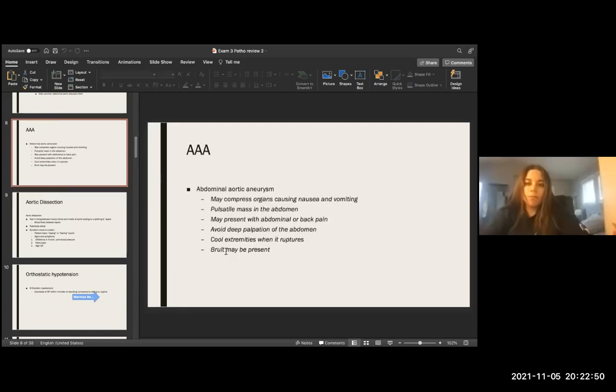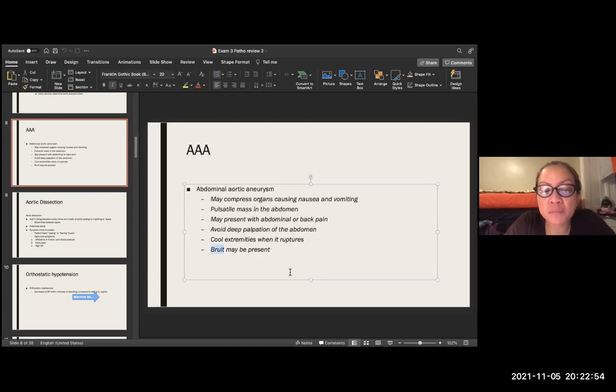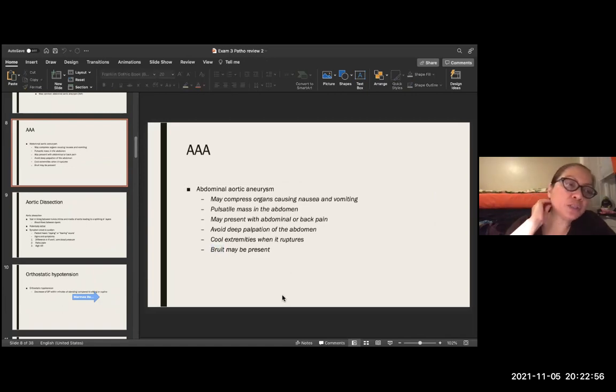Do you know what this means? Bruit. Bruit is like a murmur. You know when you put your stethoscope, remember you have a stethoscope, and I don't know if you already had a class on heart sound.